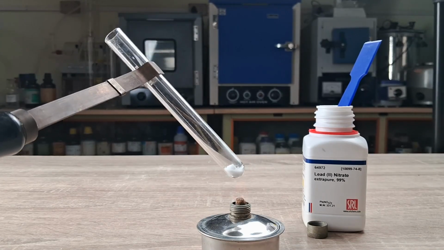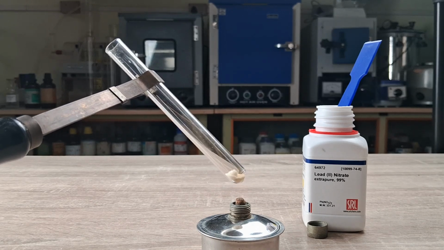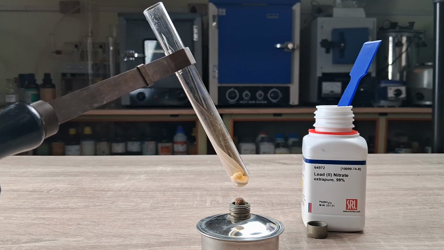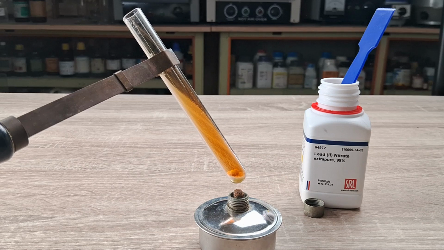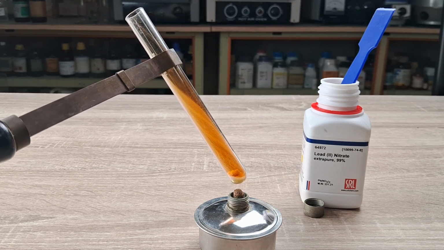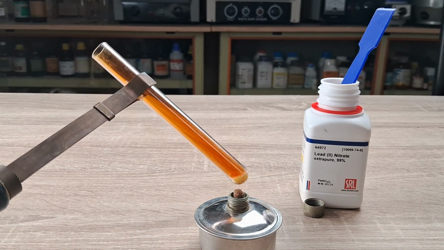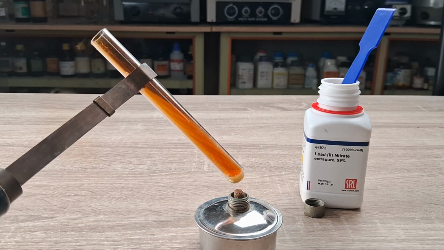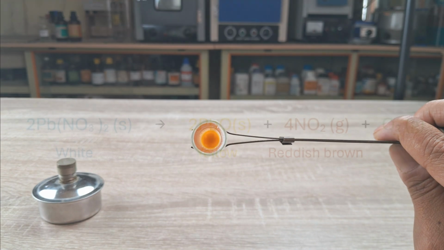In the case of lead nitrate decomposition, nitrogen dioxide gas is released as a reddish-brown color with a pungent odor. A yellowish residue of lead monoxide is left behind in the test tube.